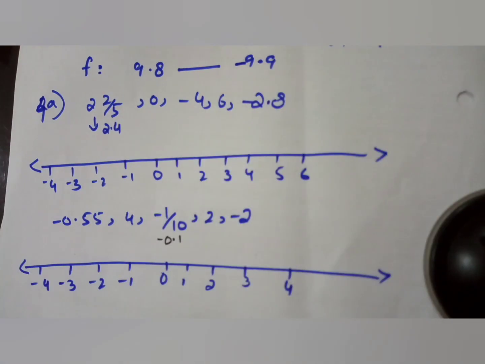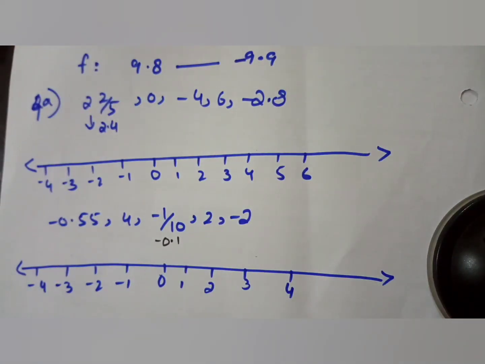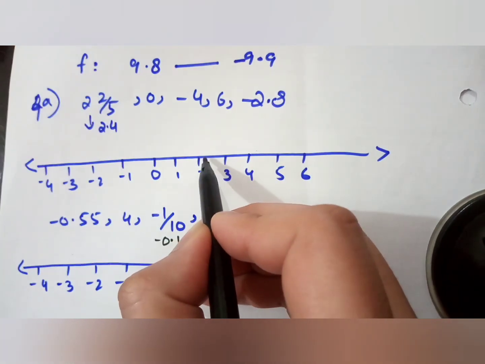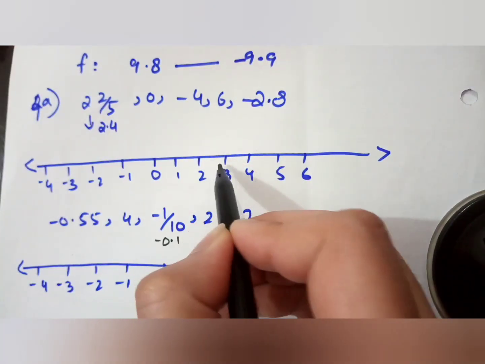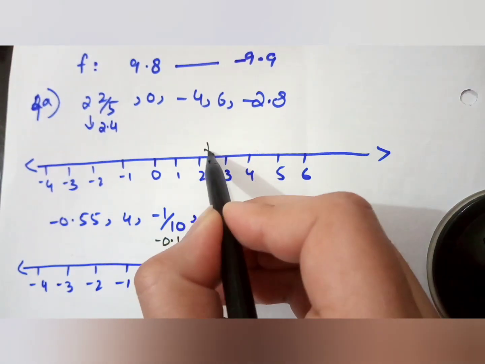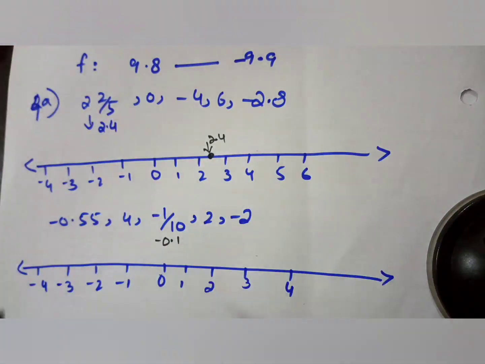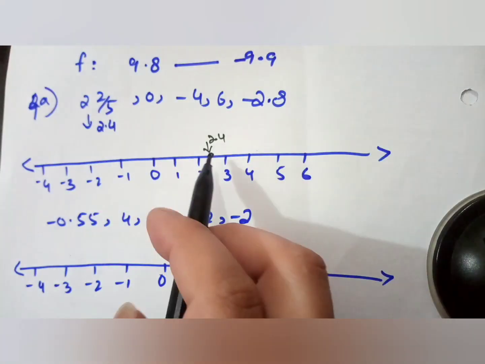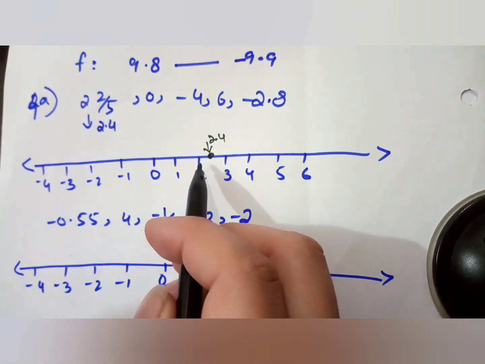Now I have to represent this number on the number line. 2.4 is greater than 2, but not in the middle of 2 and 3. We place this point, 2.4, between 2 and 3, not exactly in the middle. If you look, I place it nearest to 2.